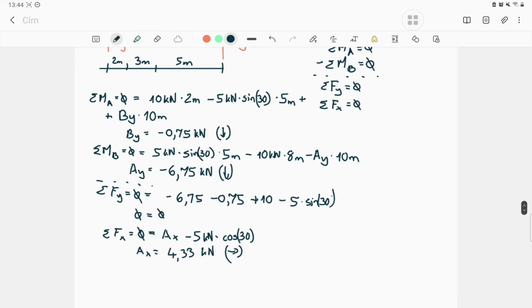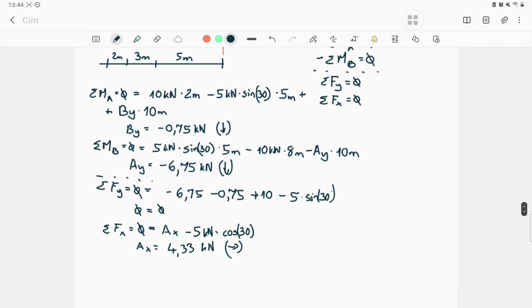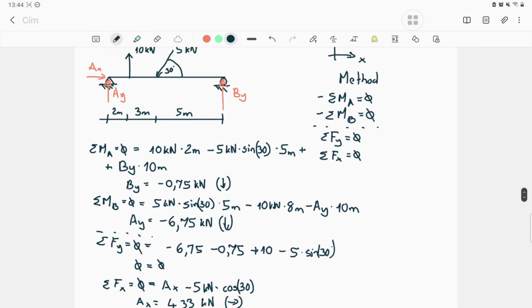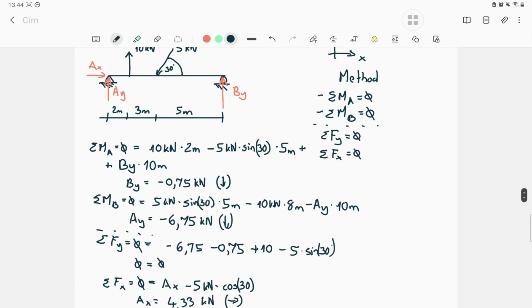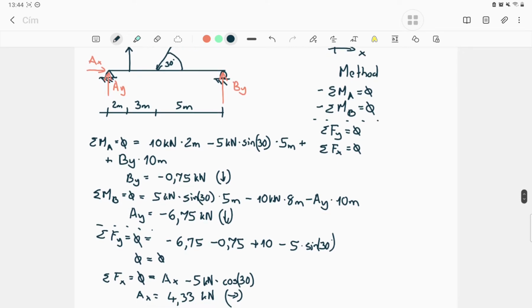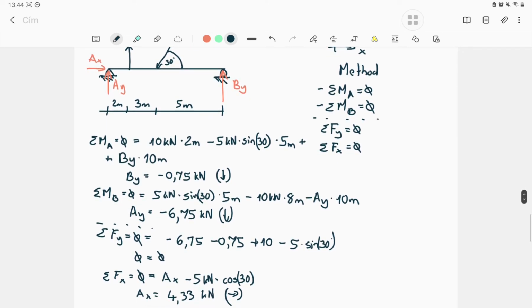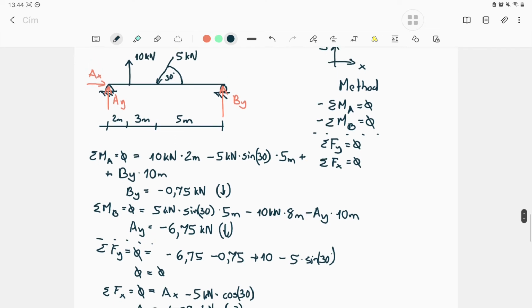Okay, this last result, the Ax, is not checked, but if you want, you can do it. You can check this with a moment equation, for example. You just have to be sure you choose a point for the moment that is not inside your beam, because if you choose a point somewhere in the beam, the Ax will go through it and won't be in the moment equation.